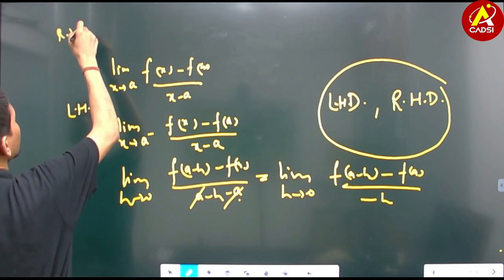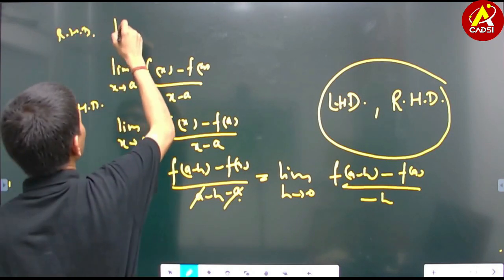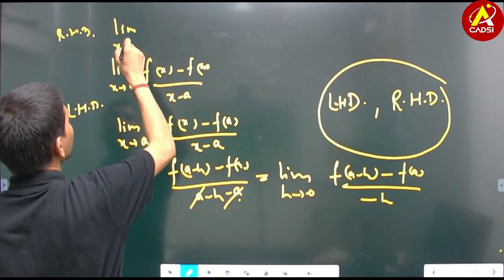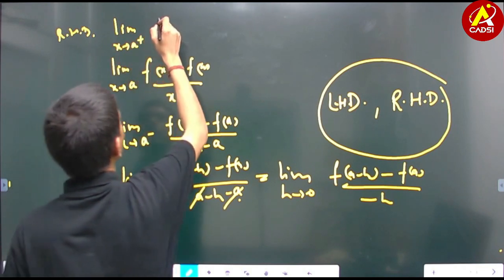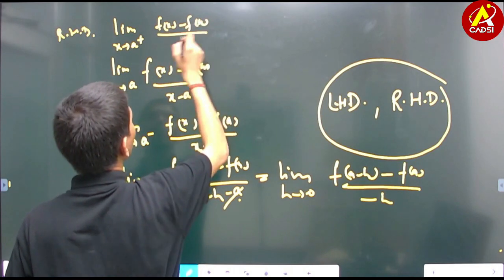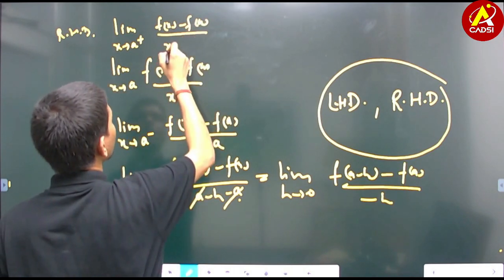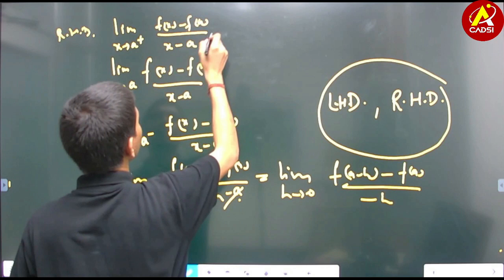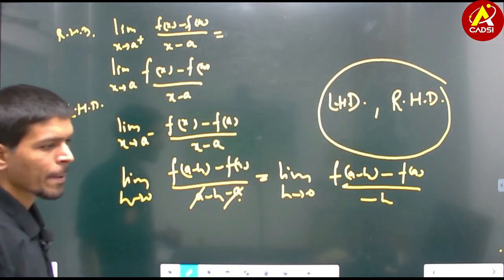Similarly, the right hand derivative is limit x tending to a plus of f of x minus f of a upon x minus a.